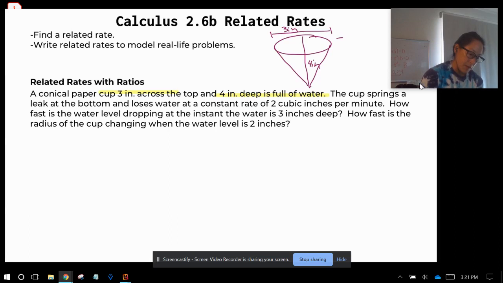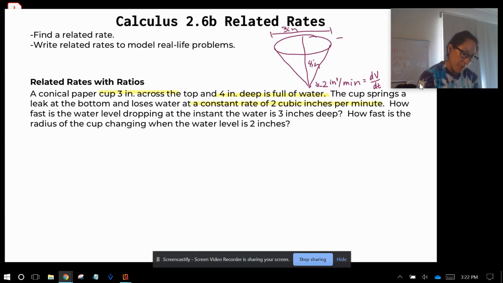And the cup springs a leak, it loses water at a constant rate of 2 cubic inches per minute. Since we're losing water, it's going to be a negative. It's minusing the water from the cup. So what is that a change of when we take out 2 inches cubed per minute? That is the rate of the volume over time.